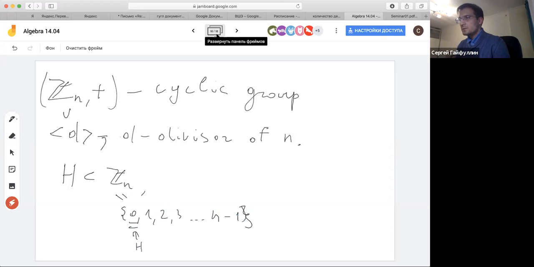So there is a minimal element, except 0, which belongs to H. Let K be the minimum element of H except 0.